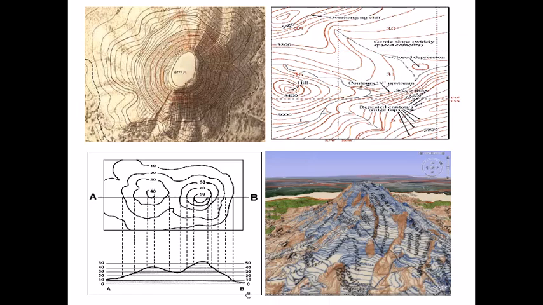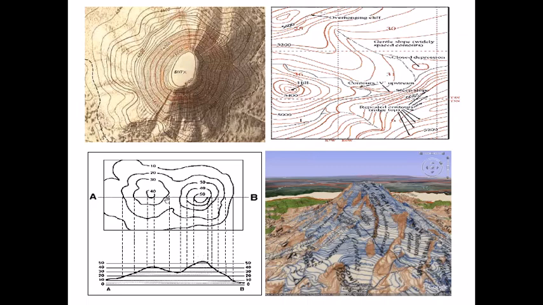In a contour map, in addition to these lines, what is important is to show these reduced levels. The values that you see along every line show the reduced levels. So every point on this loop has a reduced level of 50. Similarly, every point on this line has a reduced level of 10.